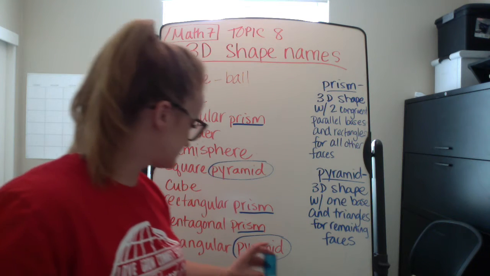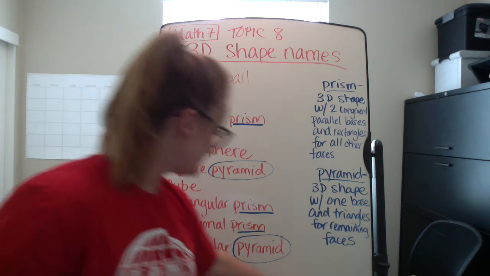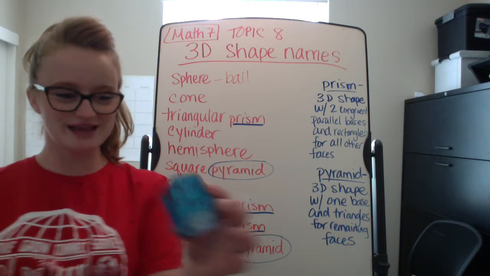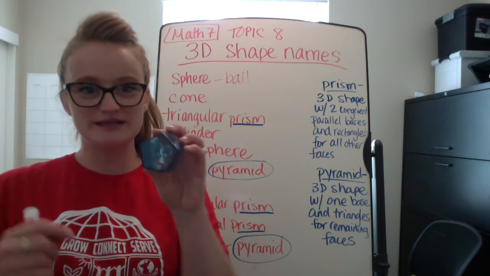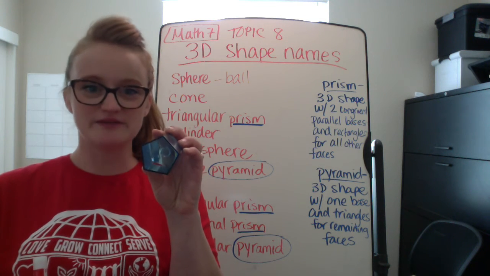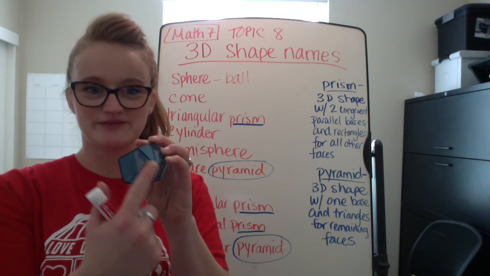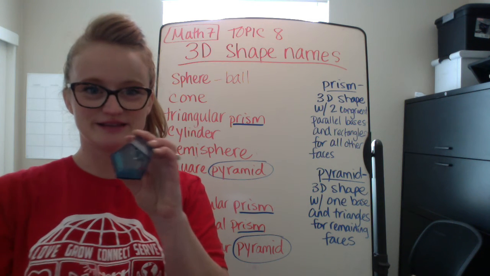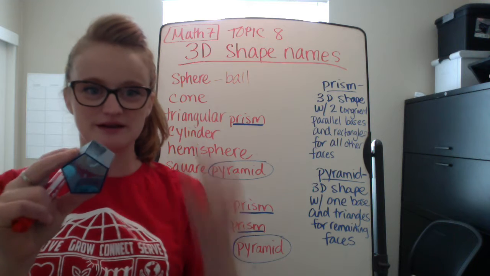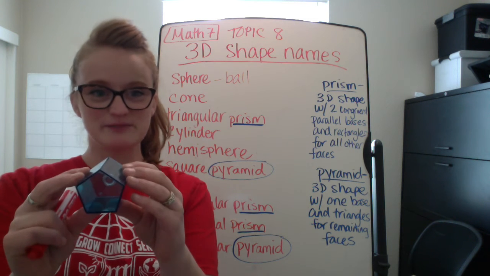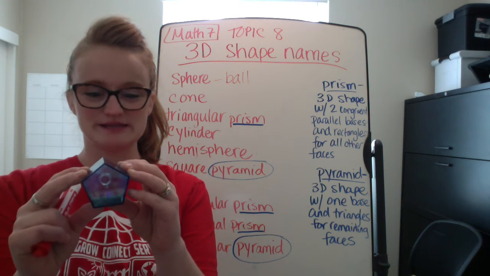What's next? Oh, pentagonal, sorry, 5 sides. A pentagon has 5 sides: 1, 2, 3, 4, 5. I like to think of the weird house shapes for pentagons, or our nation's Pentagon, which is shaped like this.